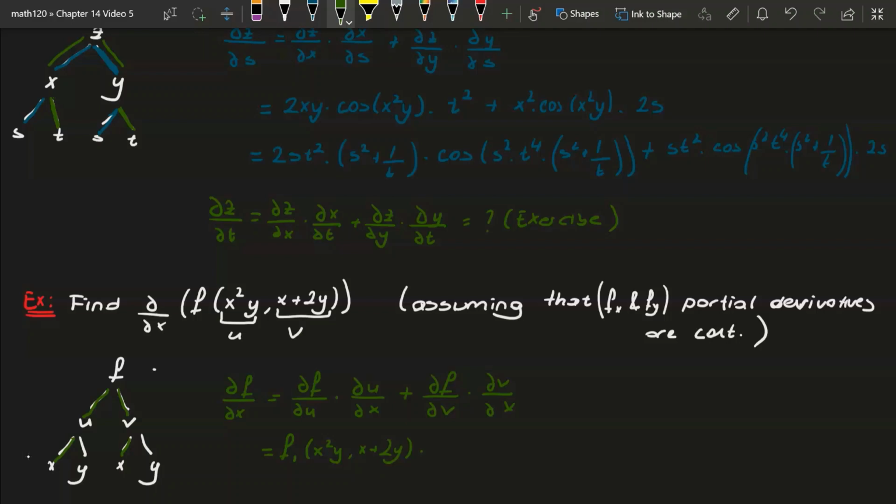If you put x, it's not wrong, but I think it's more clear. The derivative of u with respect to x is 2xy, plus the derivative of f with respect to v, which is the second component, times the derivative of v with respect to x, which is 1. Okay?